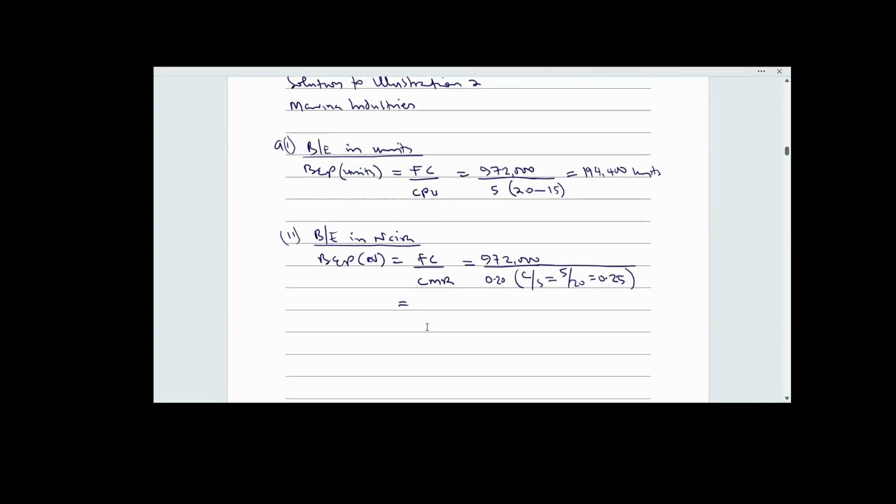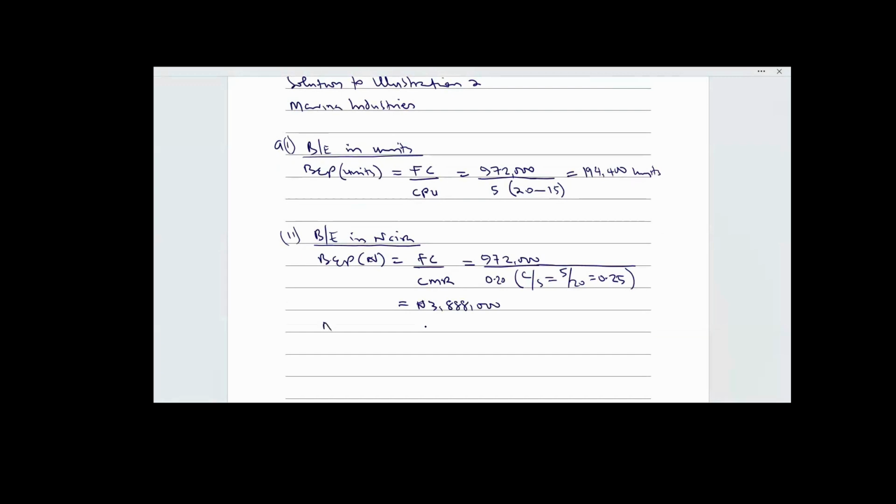Therefore, 972,000 divided by 0.25 will give us 3,888,000.